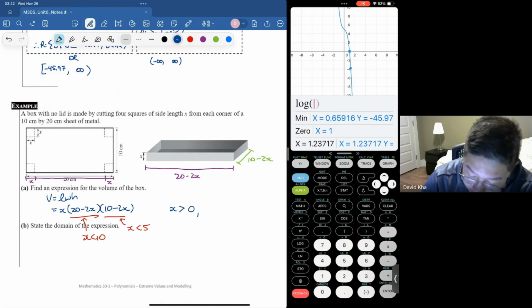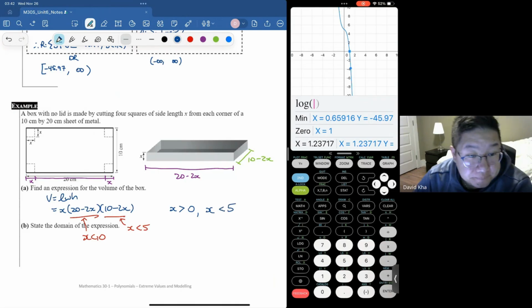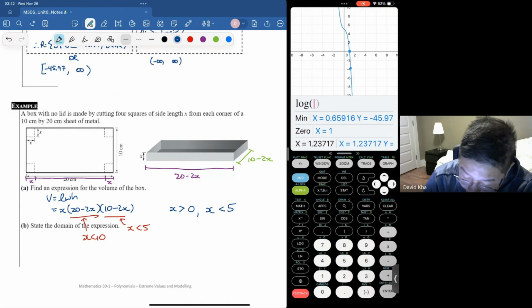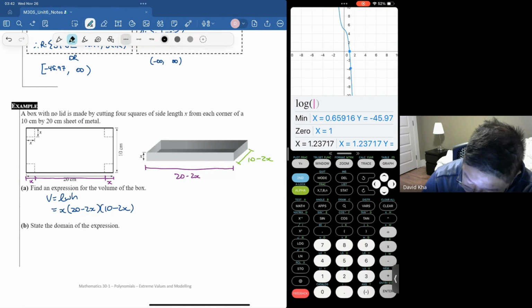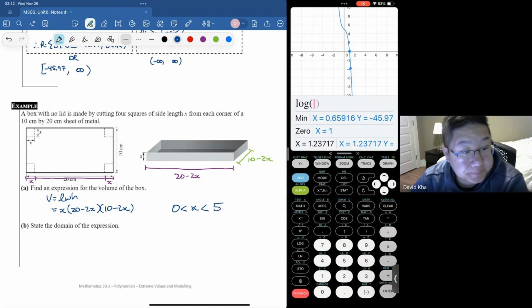And so at the same time, x has to be less than 5. And so the domain restriction, if you put those two together, is, maybe I'll erase all this again. Showing the thinking, but erase all this. 0 has to be less than x, which has to be less than 5. Okay, so there's the domain.